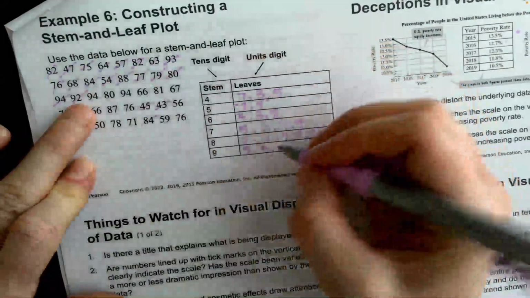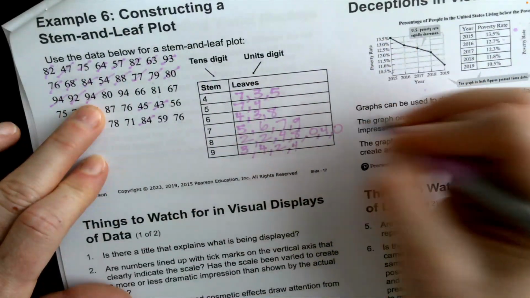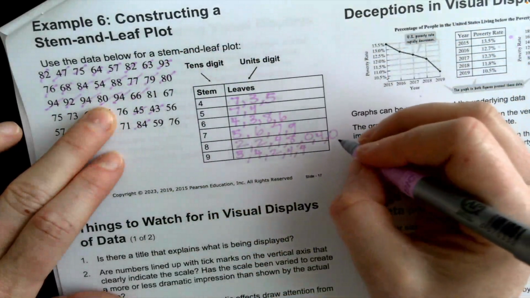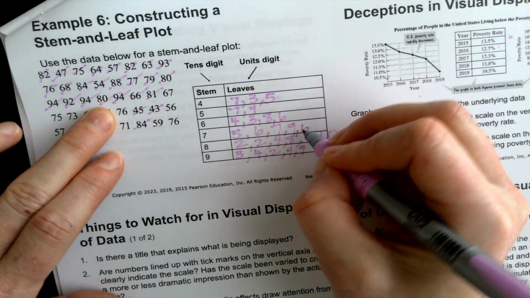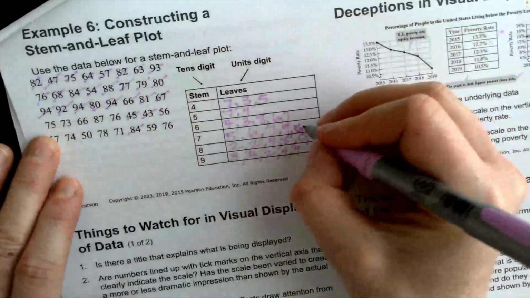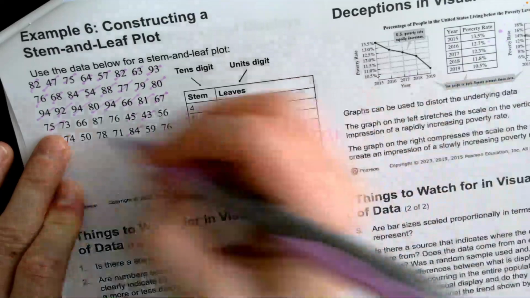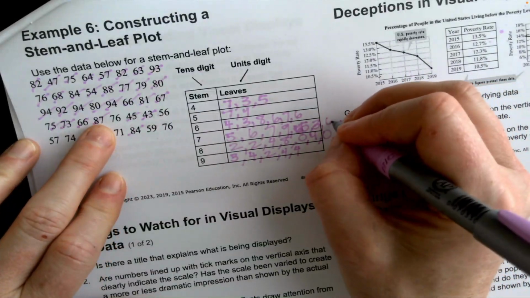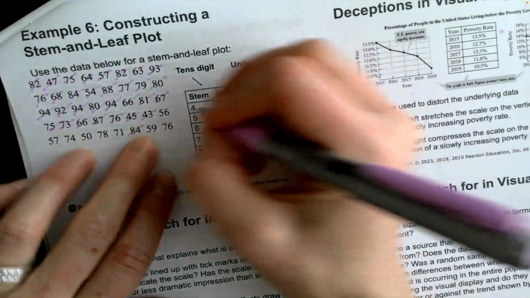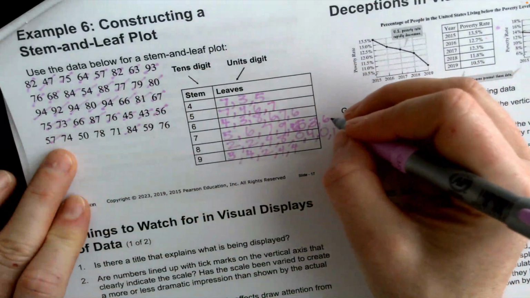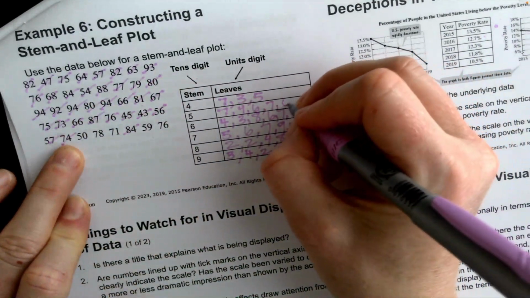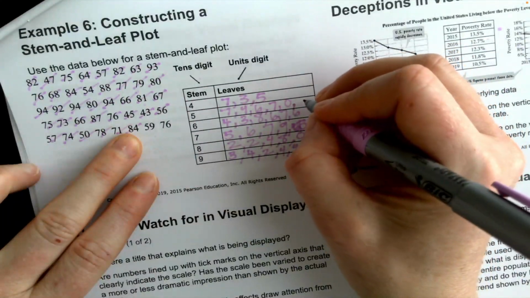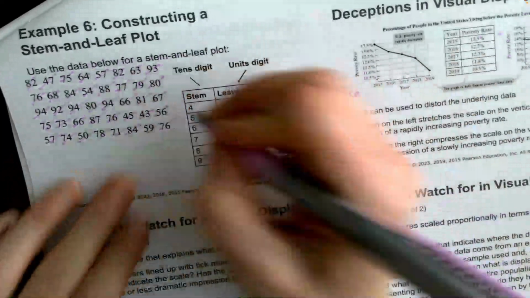Okay, 92, 94, 80, 94, 66, 81, 76, 67, 75, 73, 66, 87, 76, 56, 57, 74, 50, 78, 71, 59, 76. Okay, so we got them all.